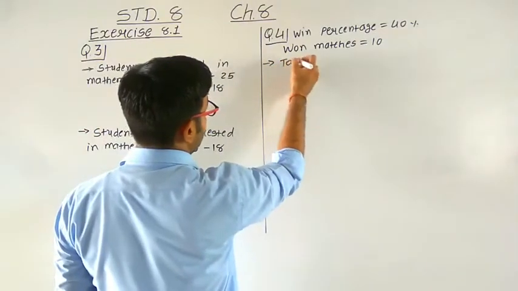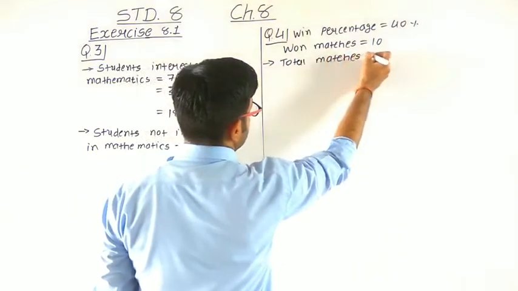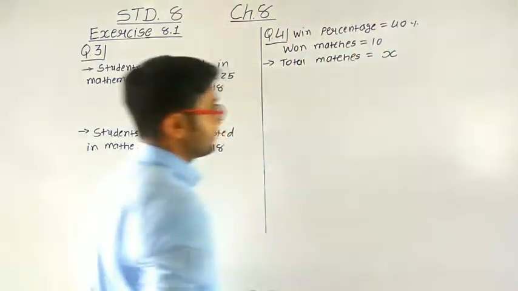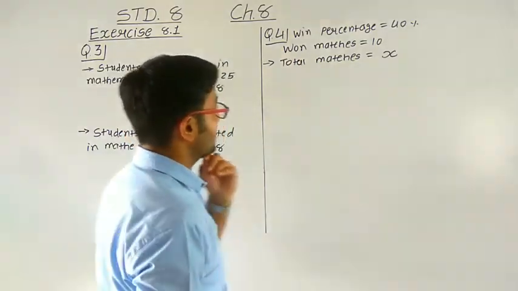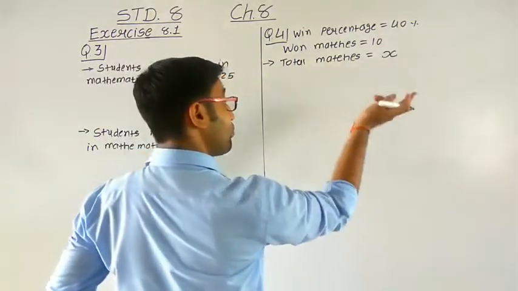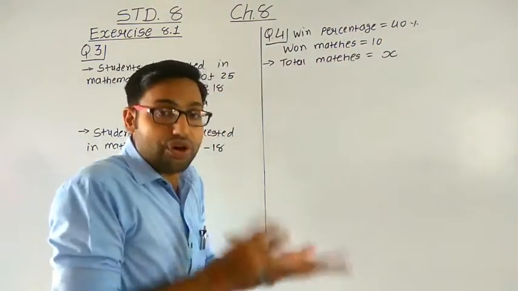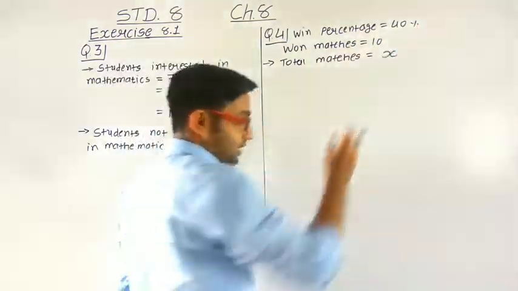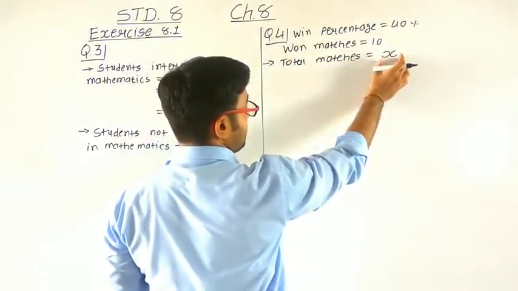So let's suppose that the total matches is equal to x. Here we suppose a variable x. So the total number of matches is x. Out of that, the win percentage is 40, but of what? This 40% is of which quantity? That is the total matches.